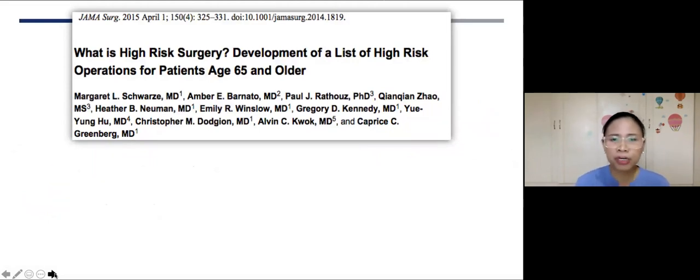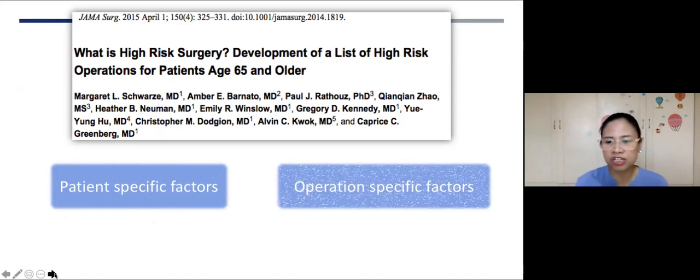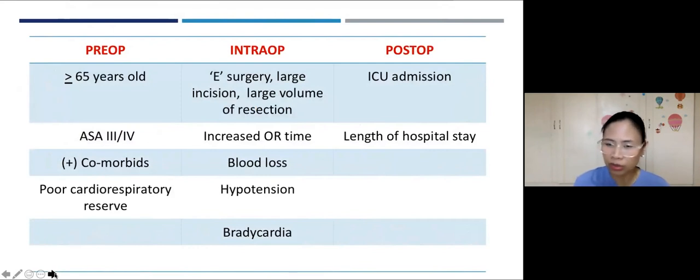So this paper tried to come up with a list of surgical procedures that would be high risk. All right, so according to the authors, patient-specific factors as well as operation-specific factors contribute to the operation being a high-risk one. Okay, so these are the factors that, according to the study, would contribute to the surgery being high risk.